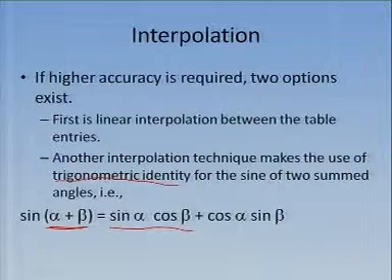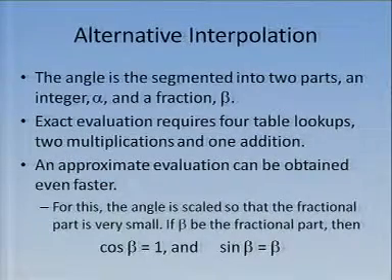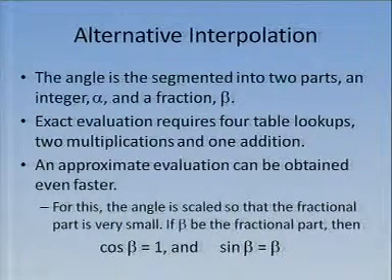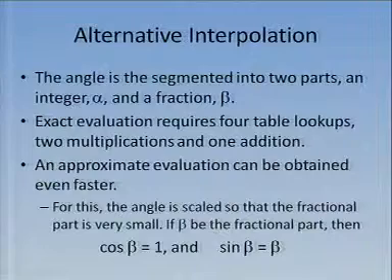Then what I do is, the angle is segmented into two parts, an integer and a fraction. Okay. Integer and fraction. So, exact evaluation requires 4 lookup tables. Okay. And that I am going to show you, how it requires 4 lookup tables. Then approximate evaluation can be obtained even faster.